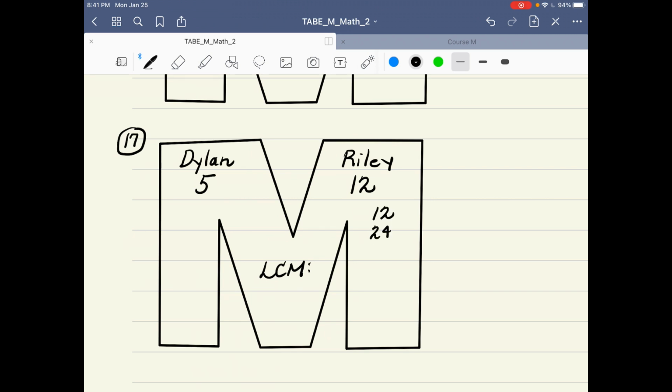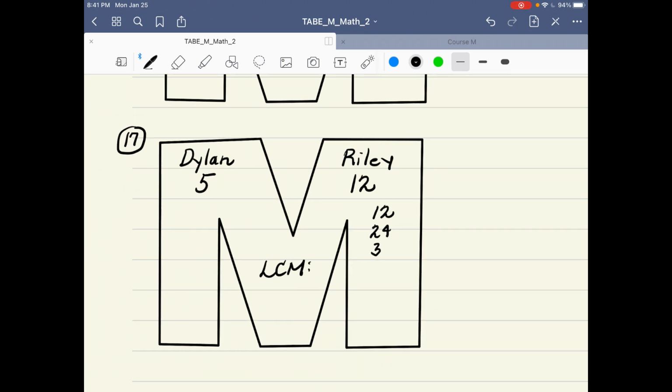12, 24, remember it needs to end in a 5 or 0 to work with that 5. 36, 48, 60. And this one would be 5, 10, 15, 20, 25, 30, 35, 40, 45, 50, 55, 60.